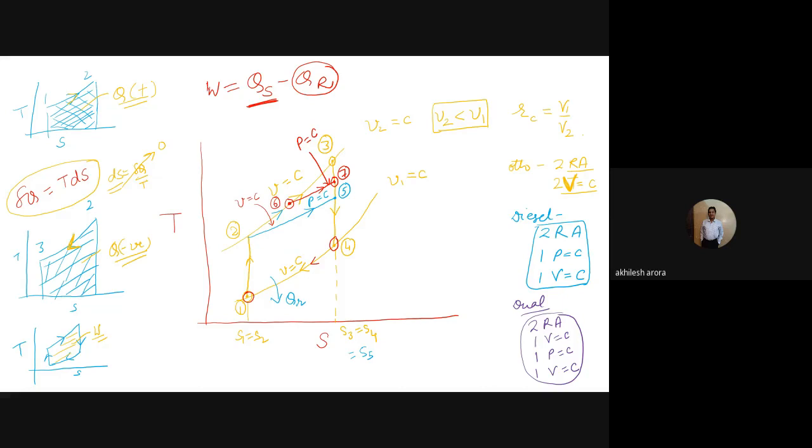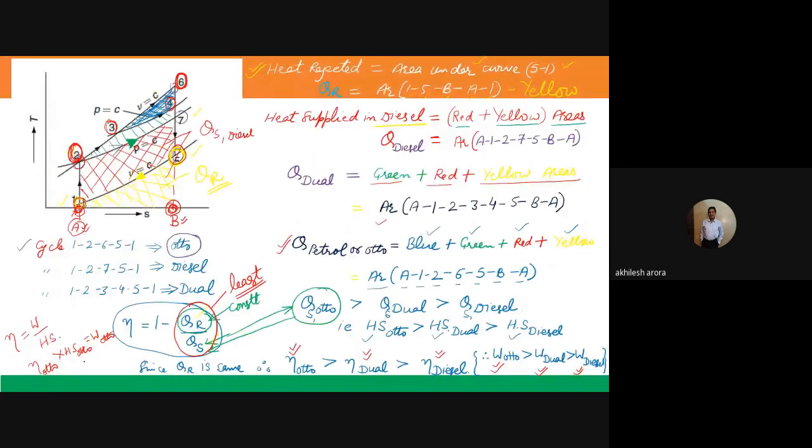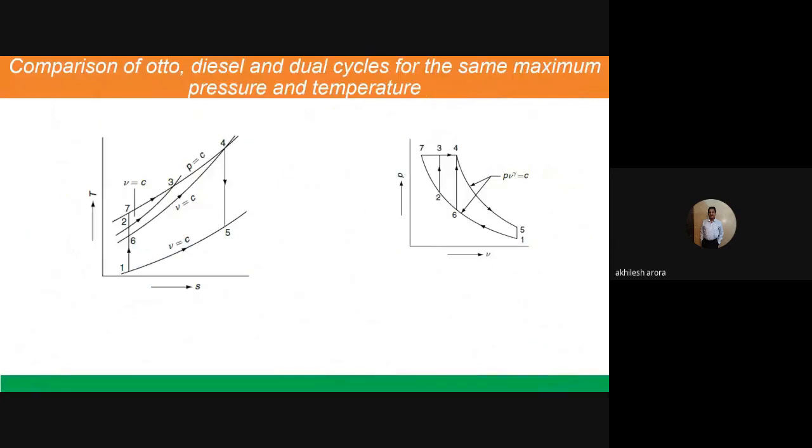So let us proceed to the second case now. We are going to discuss the comparison of Otto, diesel, and dual cycles for the same maximum pressure and same maximum temperature. Basically, there is a particular point in each cycle where the pressure is maximum and the temperature is also maximum.